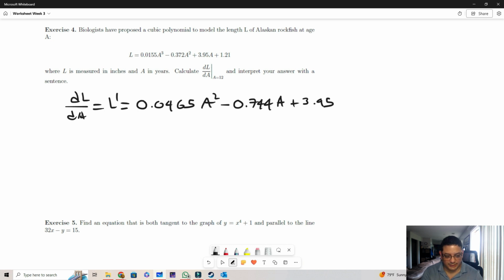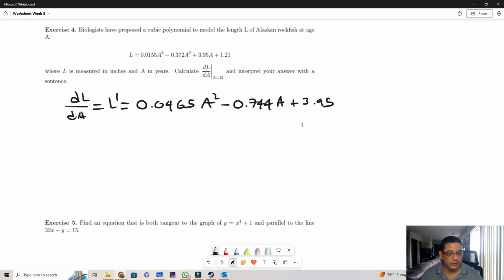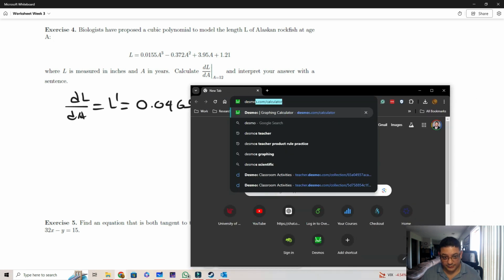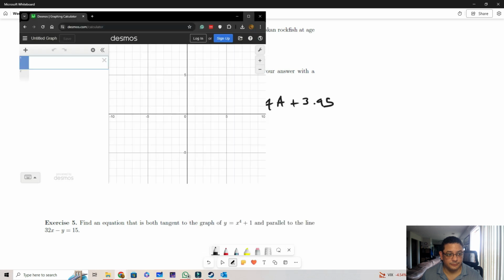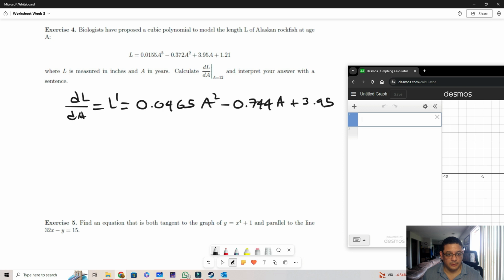Now, if we're plugging in when A equals 12, then let me just use the Desmos calculator for that. Okay, so let's plug in there. y is equal to 0.0465 A squared and minus 0.744 A plus 3.95.